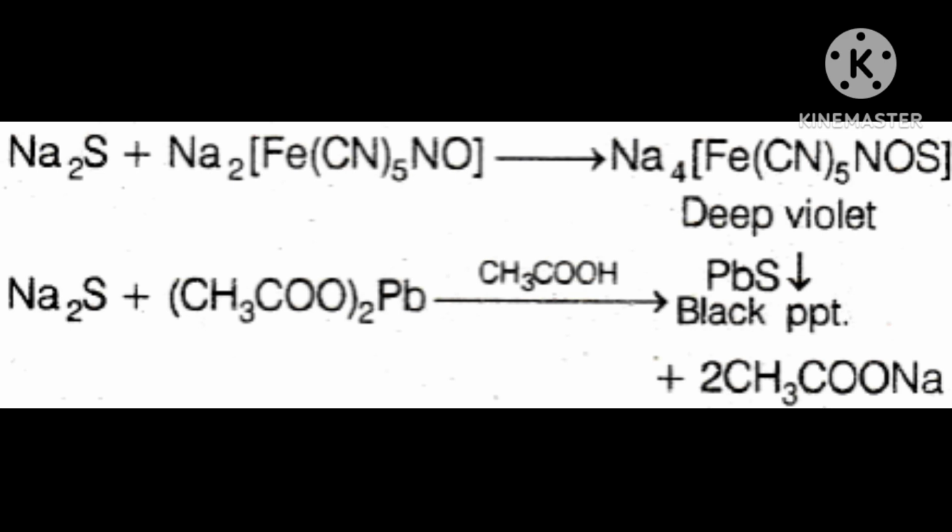Then Fe3+ plus SCN-, it will give [Fe(SCN)], and outside 2 plus is there, not minus.